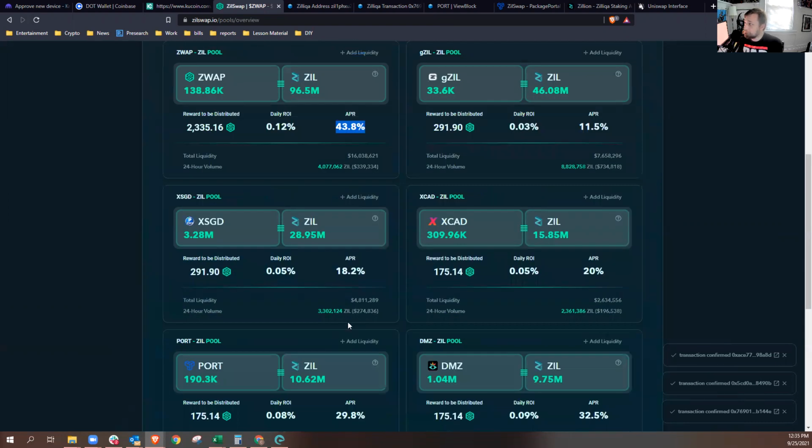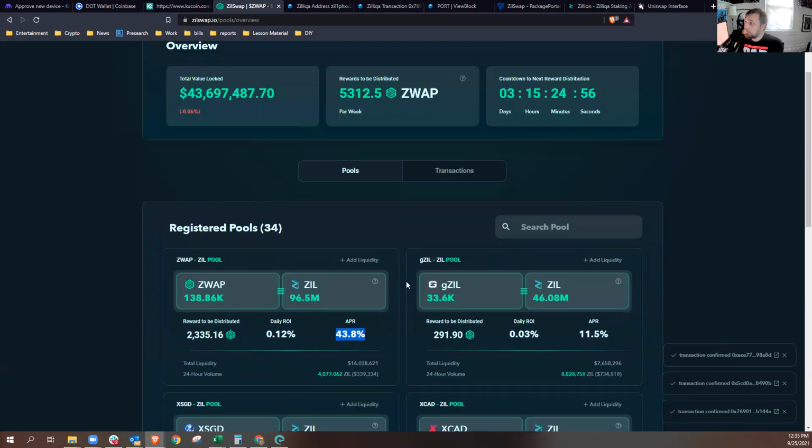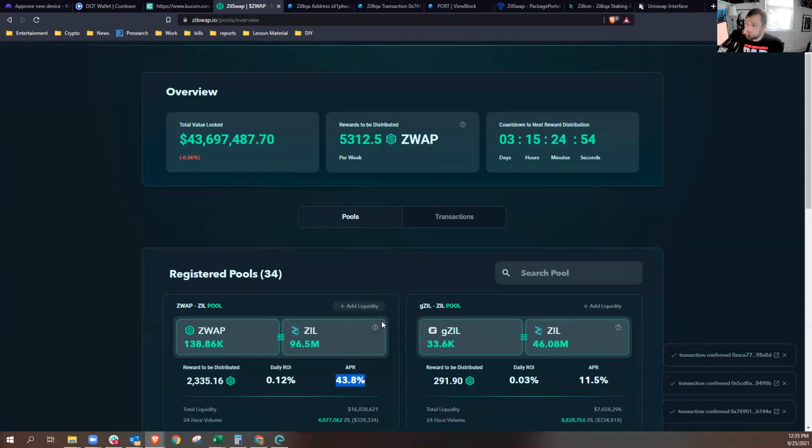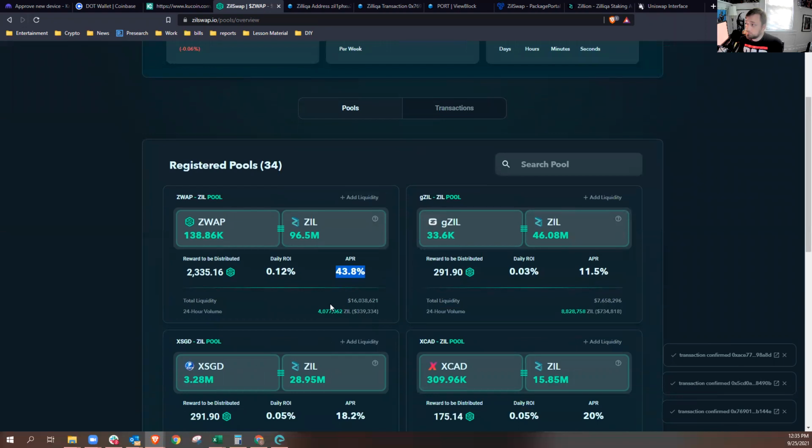You can just browse through these rewards. Now, with these tokens, I would be really careful. Make sure that you do your research before you join into them. I know GZIL is basically a token where you have one whole token, you have a vote on the direction that Zilliqa goes. Zilliqa has terrible marketing.